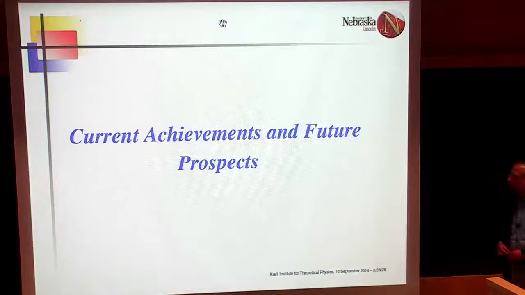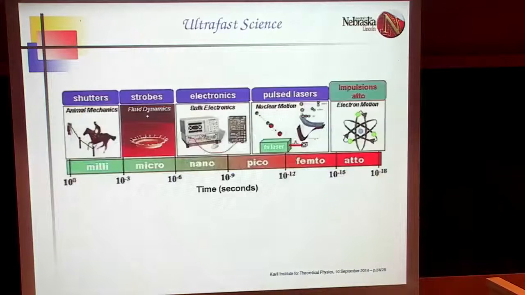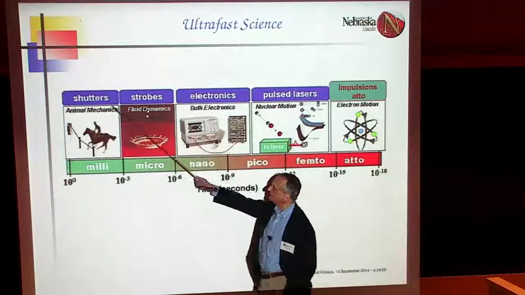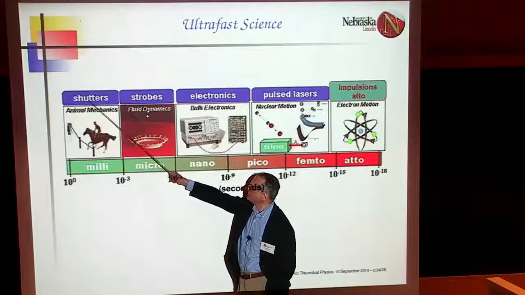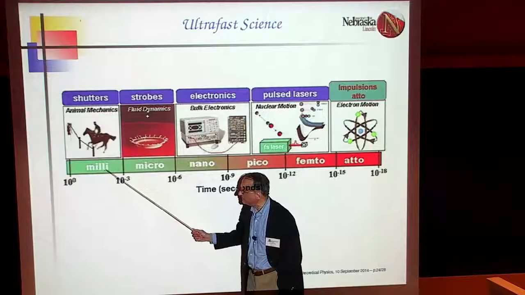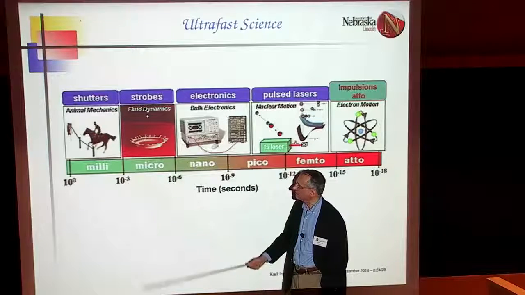Okay, so to summarize, where does ultrafast science stand? Let's go through this talk again. If you use shutters on cameras, you can measure animal mechanics on a millisecond time scale, thousandth of a second.